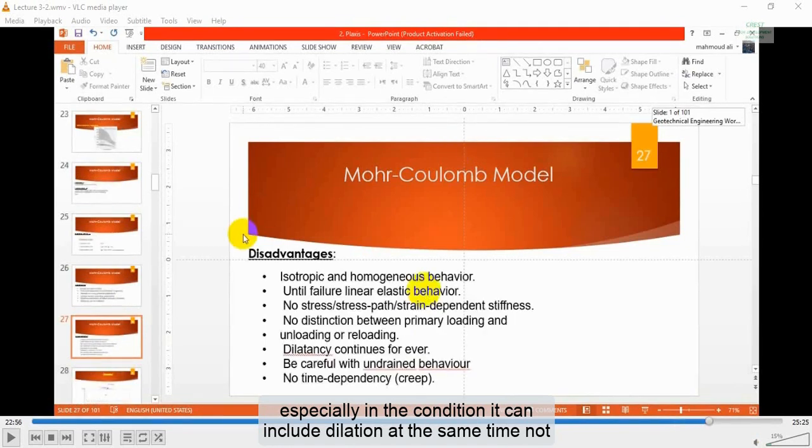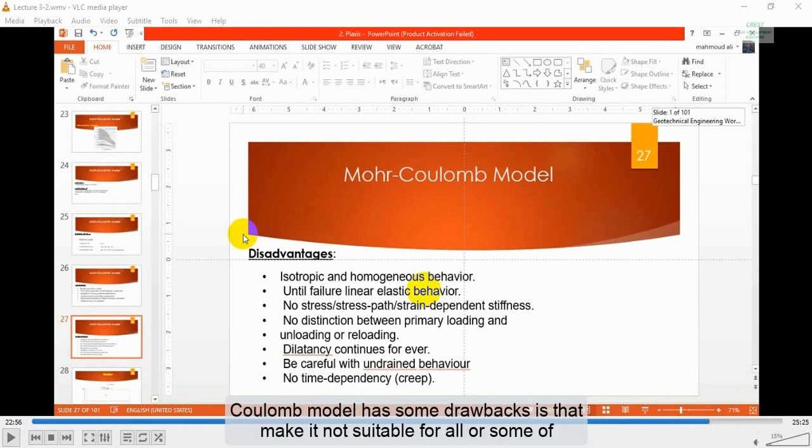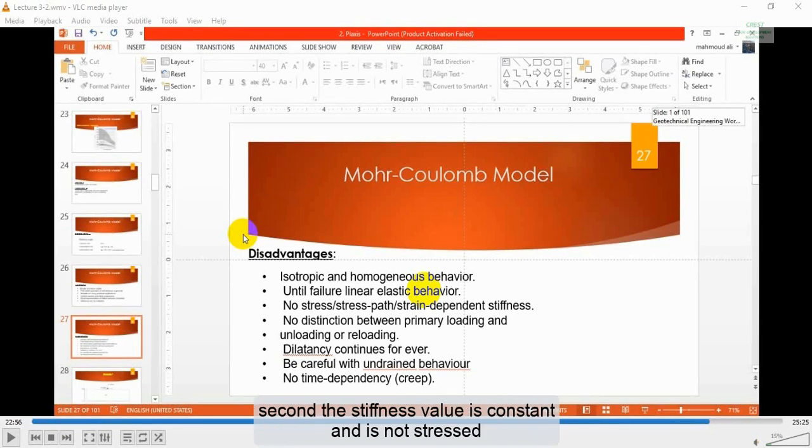At the same time, the Mohr-Coulomb model has some drawbacks that make it not suitable for all or some geotechnical applications. First, it assumes the soil as an isotropic and homogeneous material, which is not accurate for many applications. Second, the stiffness value is constant and is not stress or strain dependent.